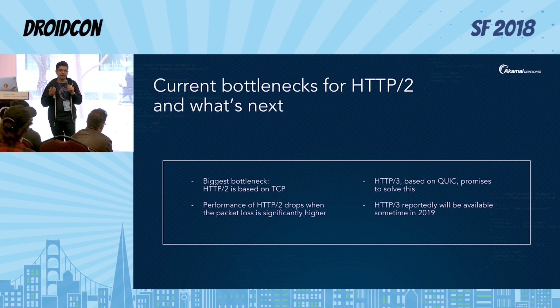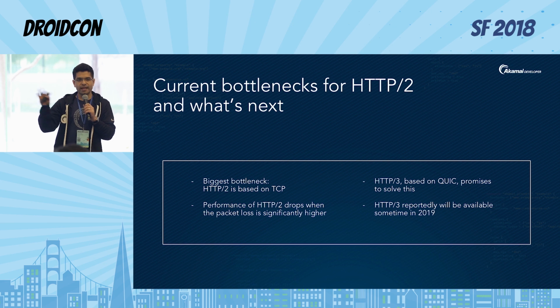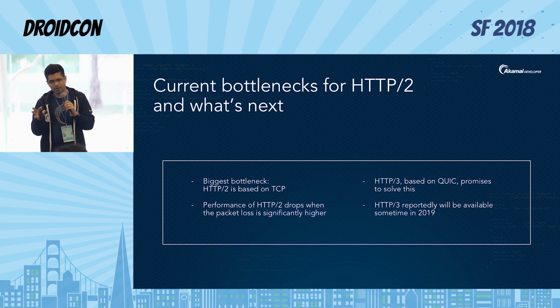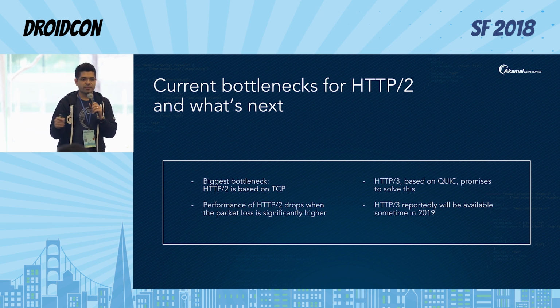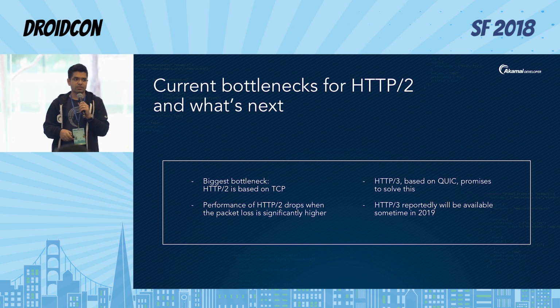My colleagues at Akamai did a research, and they found that on mobile devices, when you're on cell networks, if the packet loss is increasing more than 2%, then the HTTP2 gains that you are getting also start coming down. At a point, I don't remember the number yet, you are essentially not gaining anything much if you are on HTTP2, and there are a lot of packet losses.